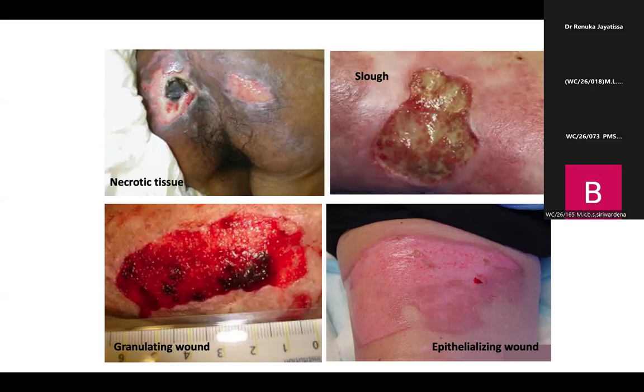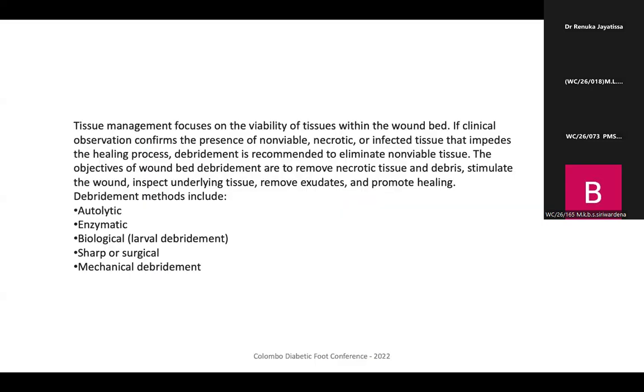Anything that is not red and pink, we do not want in the wound. So the whole idea is to remove the non-viable, unhealthy, differently colored, necrotic, infected tissue, because all of these tissues that are not red or pink will actually impede the process of healing. Removing all this stuff that is not viable is what is called debridement.